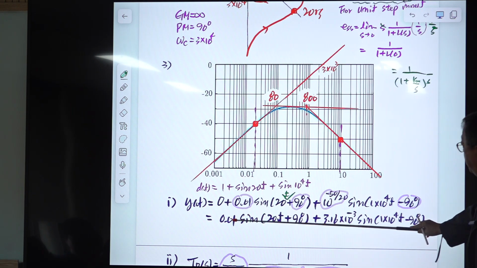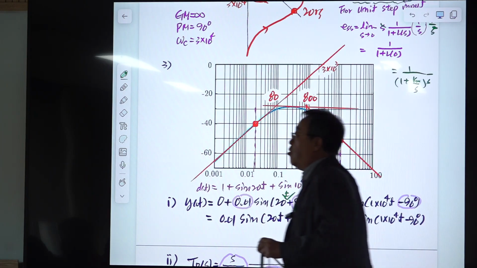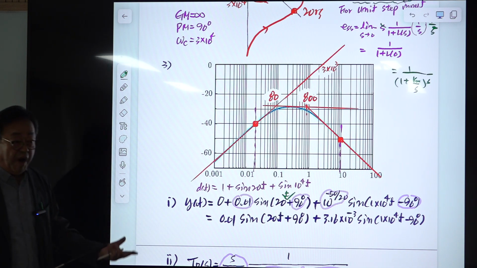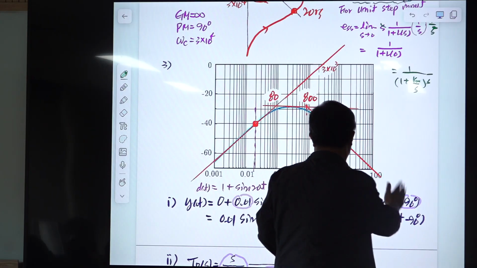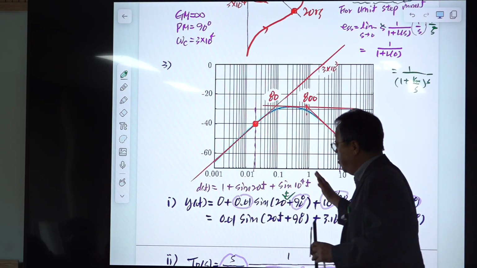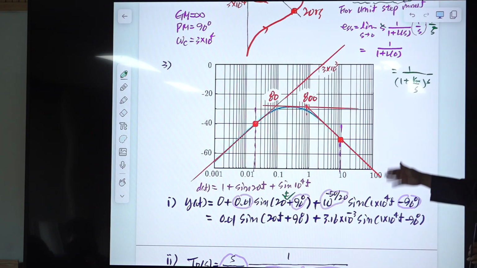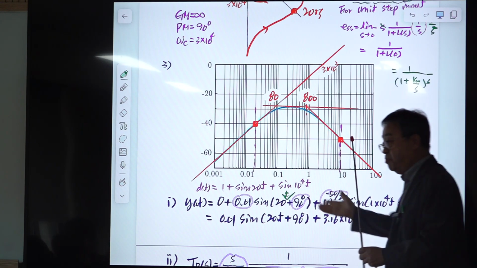This is gone, and you have only two sinusoidal components. So this Bode plot provides complete information of a linear time invariant system, including stability margins, phase margins, gain margins, and response to sinusoidal waveforms, response to the noise component, and transient response can also be evaluated from this plot.